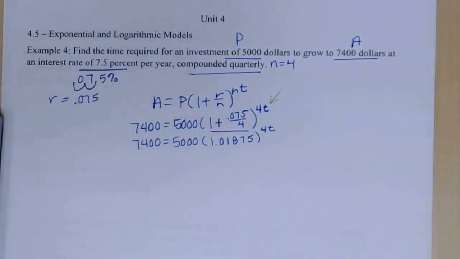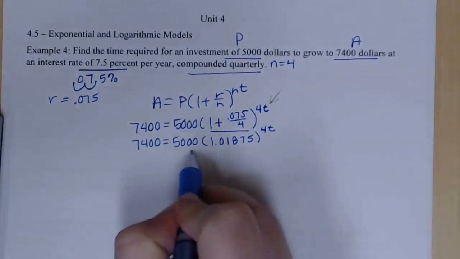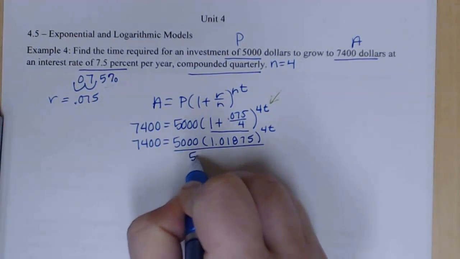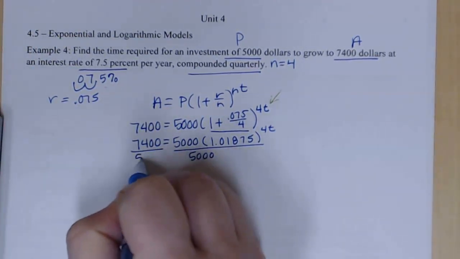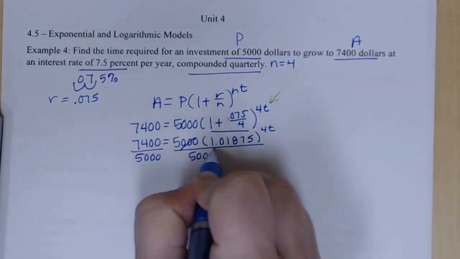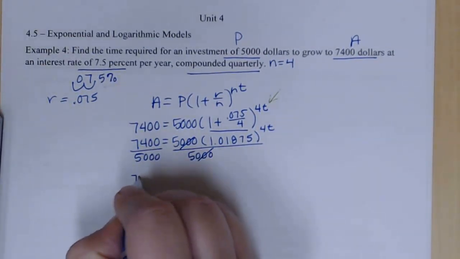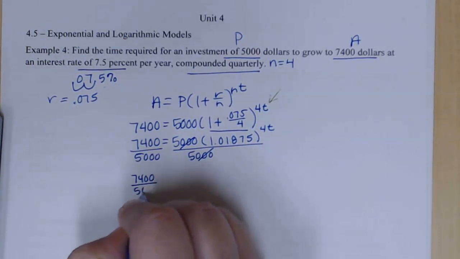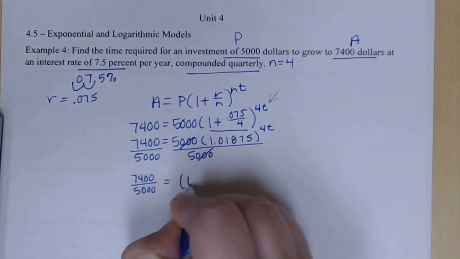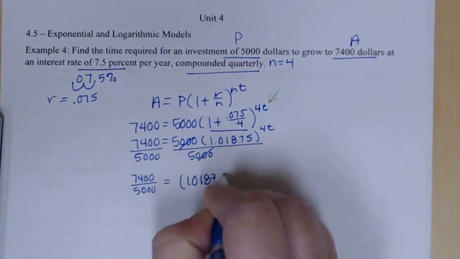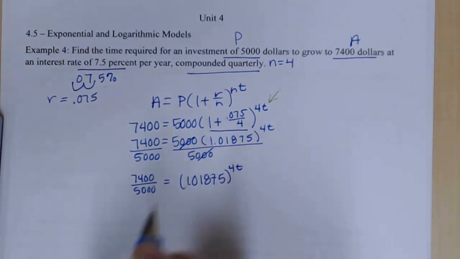Now, my goal is to get that t by itself. So I'm going to first remove the 5,000. So I'm going to divide by 5,000. This cancels. I get 7,400 over 5,000 equal to this long decimal here to the 4t.